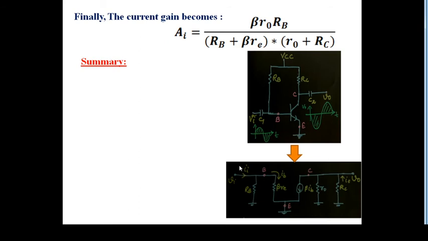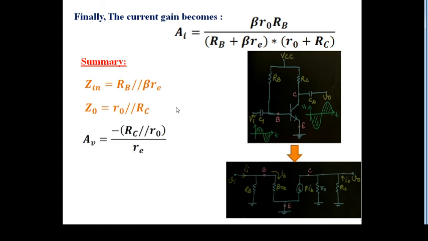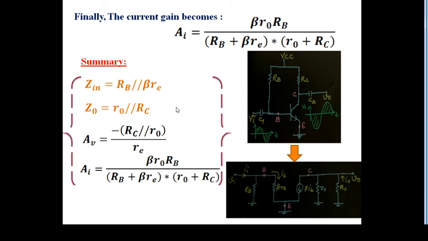After that we can find the input impedance, RB parallel with beta RE, and the output impedance Z naught, RC parallel with R naught. The voltage gain was already derived, and the current gain too. So these are the four very fundamental parameters for any RE model circuitry of a bipolar junction transistor, but only for the fixed bias circuitry.